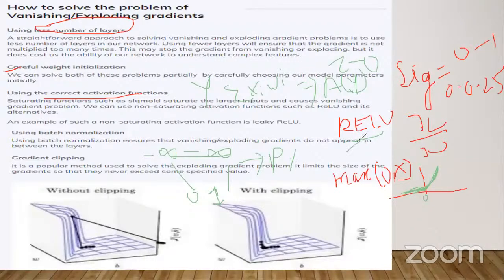ReLU again has different flavors, guys. ReLU has P-ReLU, Leaky ReLU. There are various forms, and the changes are small. Like in Leaky ReLU, they use max of 0.001 times x, comma, the actual value.